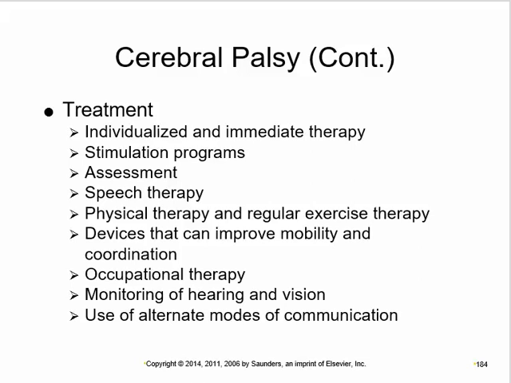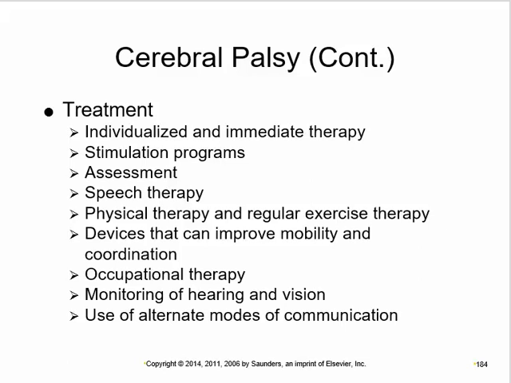And like everything else, there's a certain amount of gray area here. Often in pathology courses, to make things memorable, they show you the worst cases and they talk about the worst cases. But there's a lot of people with very mild cerebral palsy that you would hardly know, except for maybe a funny gait or something like that.